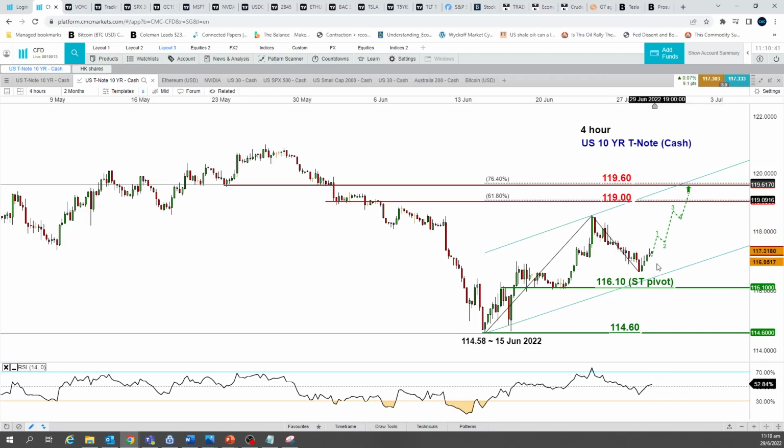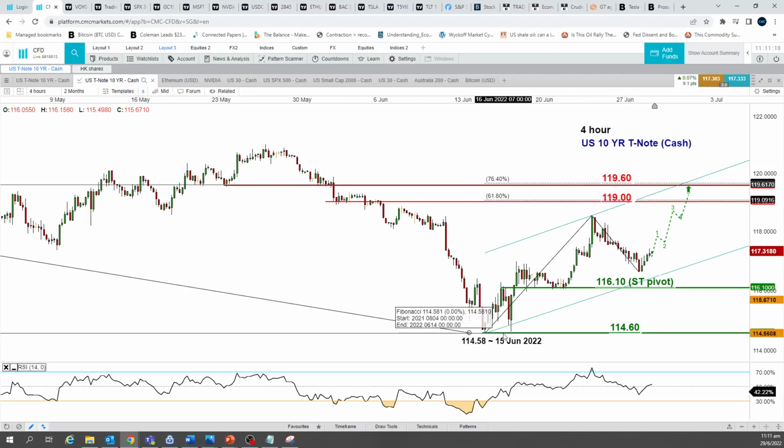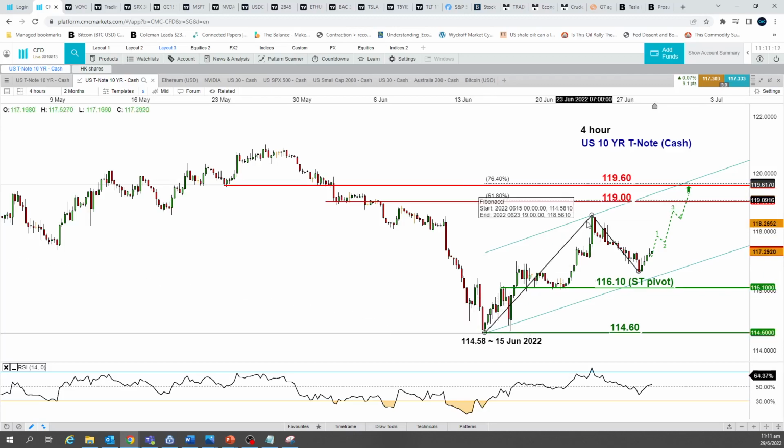So I'll be using 116.10 as my key short-term pivotal support to maintain this ongoing bullish short-term uptrend on this US 10-year T-Note to shape a further potential upleg towards a 119 figure level, then thereafter followed by 119.60, which is actually defined by the upper boundary of this short-term ascending channel and a potential Fibo fifth wave target based on the Elliott wave fifth wave target in the short term, which you start to see 1, 2, 3, 4.